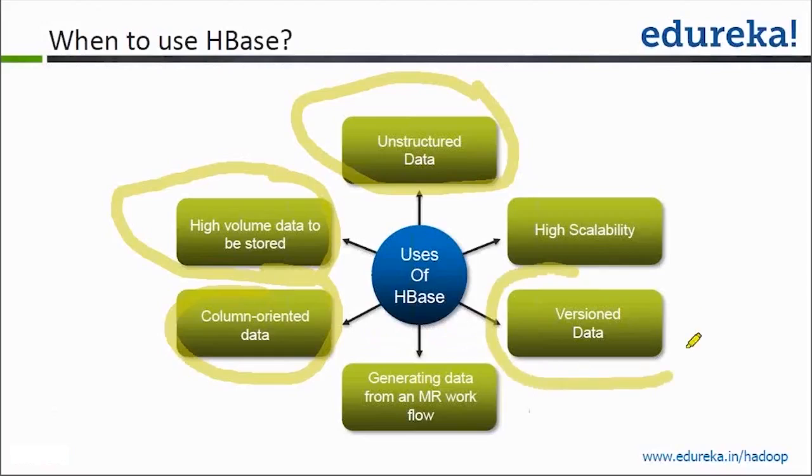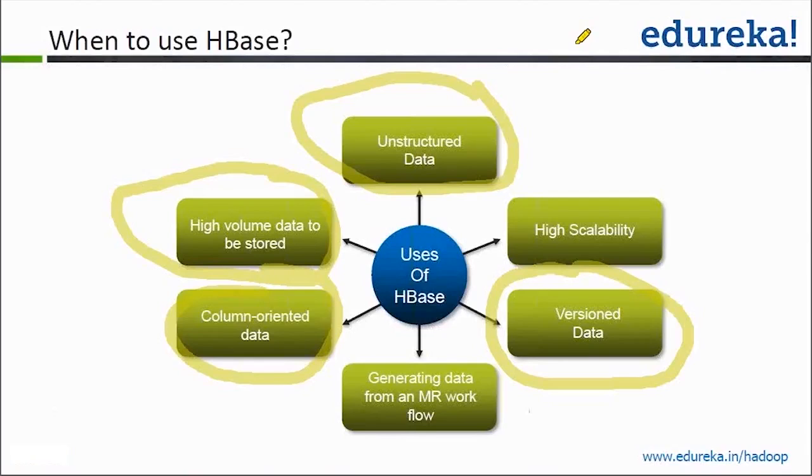Another thing you have is versioned data. When you want to store multiple versions of the data together, you can store that easily with HBase. If you go with a normal RDBMS, take the example of your password. Suppose you want to store your current password as well as the last two old passwords, maybe for security reasons.